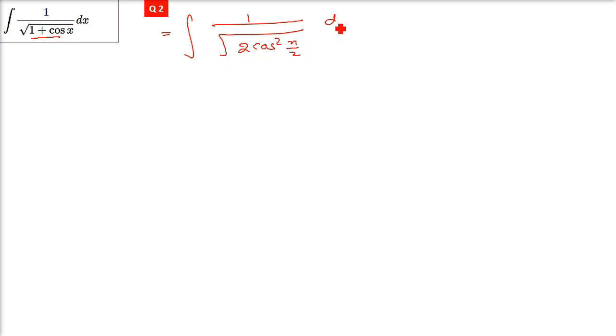It's 2 cos square x by 2 dx. 1 by root 2 you can take outside. Under root cos square x by 2 is simply cos x by 2, and 1 by cos x by 2 will go up and form sec x by 2. So we have sec x by 2 here.